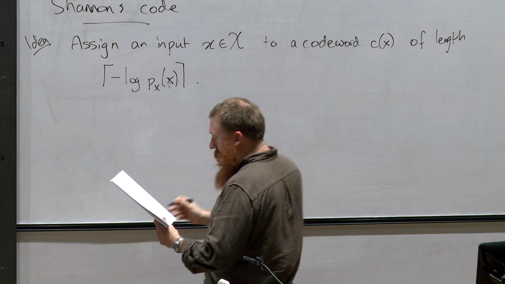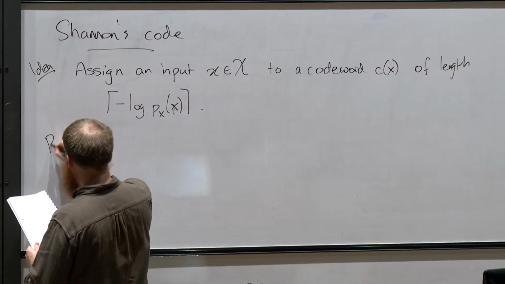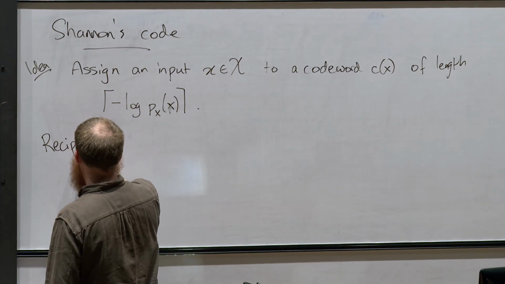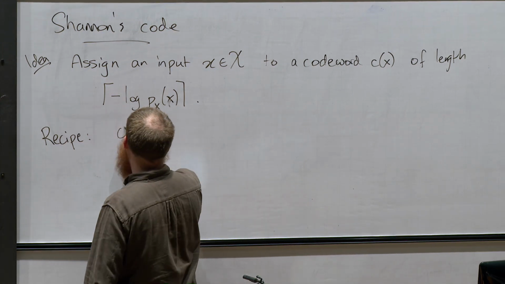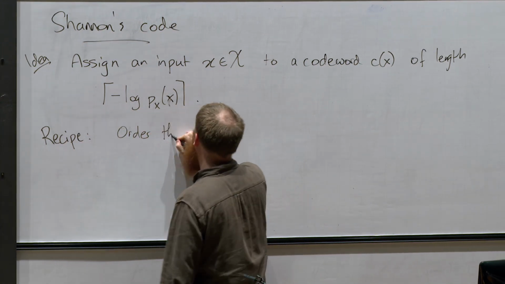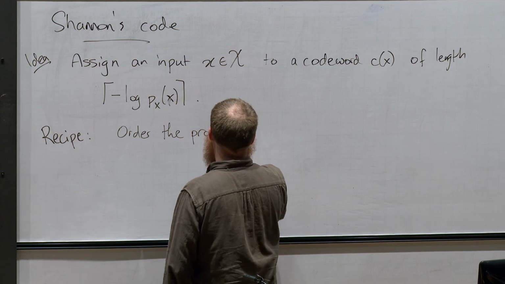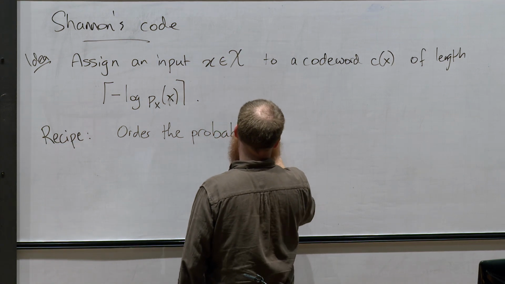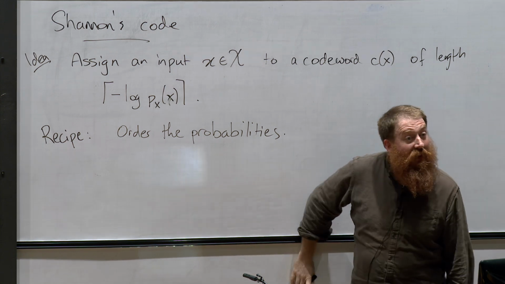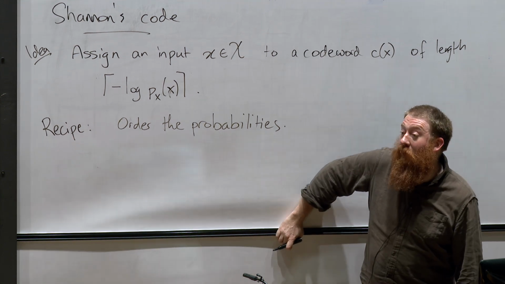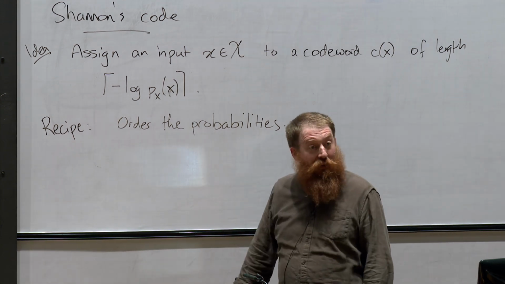So the recipe: first of all, you order the probabilities. Now that sounds easy. It is easy if I've got them all and I can store them all in memory and there's not too many of them.